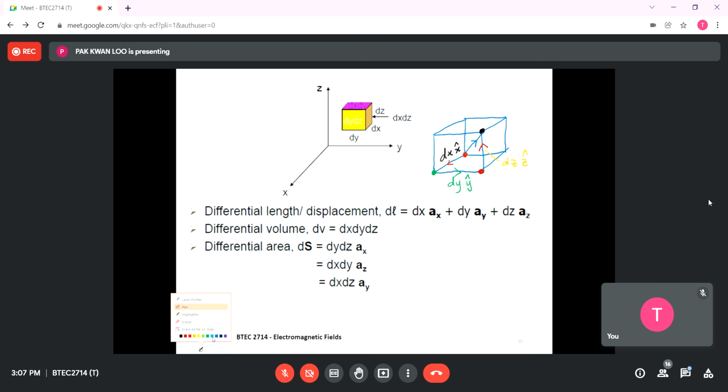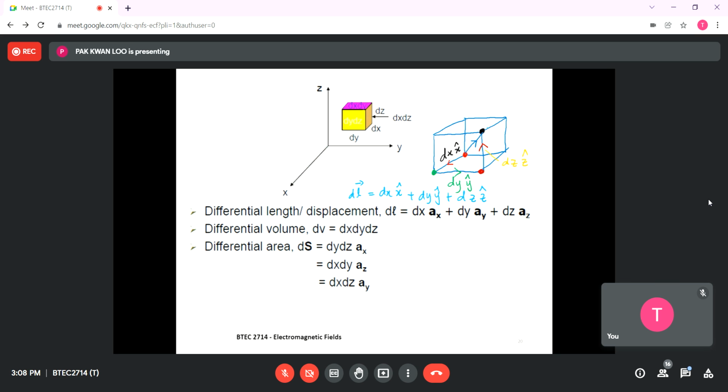We write it as dl equals dx x cap plus dy y cap plus dz z cap. Same as how we find the position vector between 2 points.